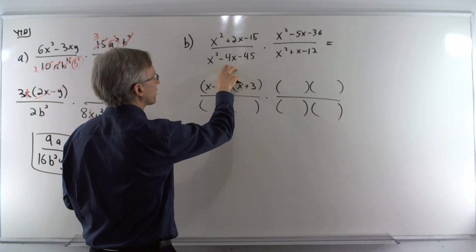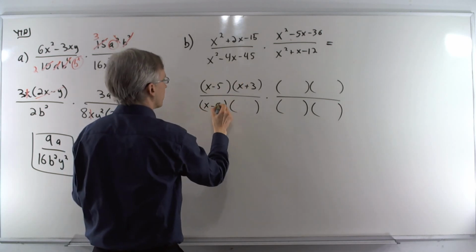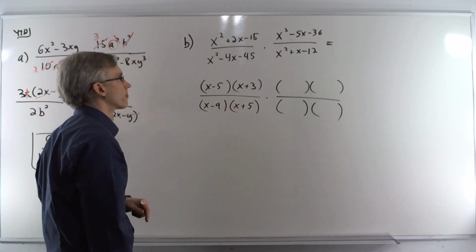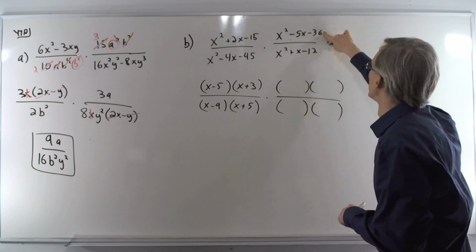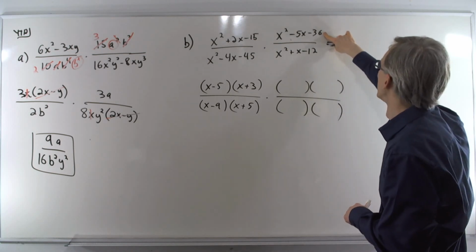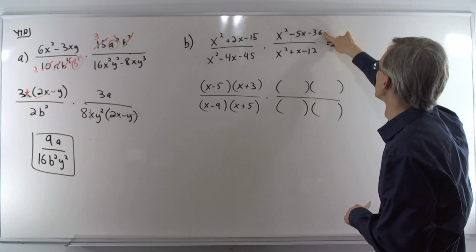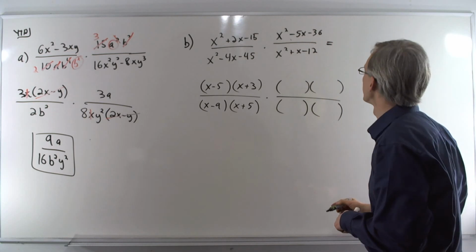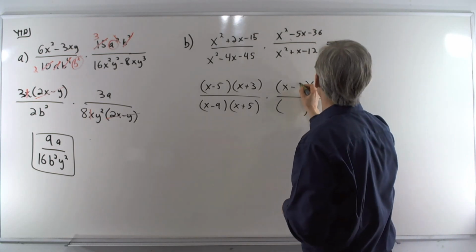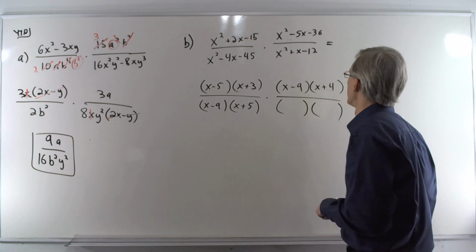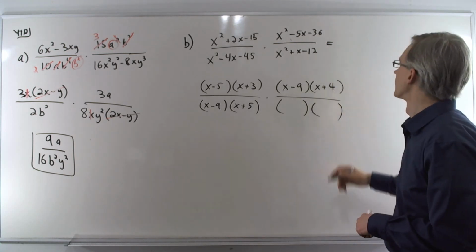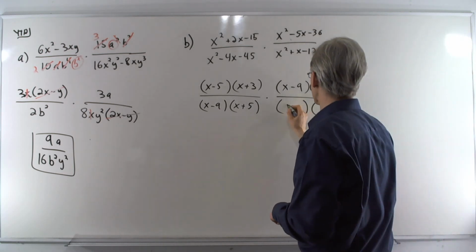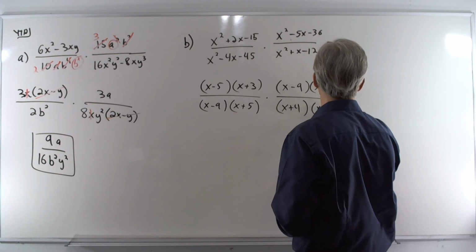All right, 45 and negative 4, that's going to be x minus 9, x plus 5. Over here, 2 numbers that multiply to get negative 36, add to get negative 5. It's x minus 9, x plus 4. And finally here, we've got x plus 4 and x minus 3.